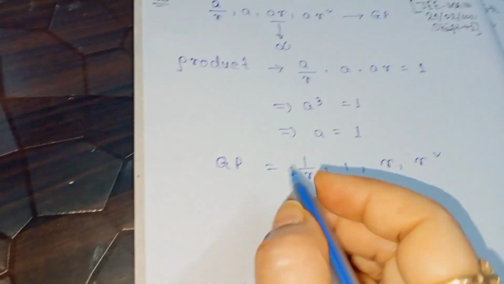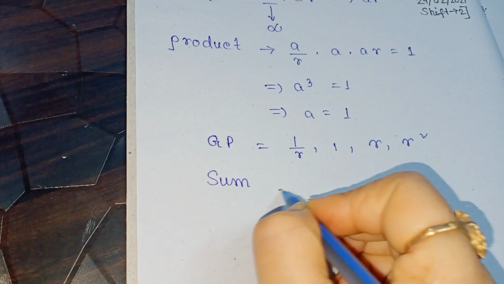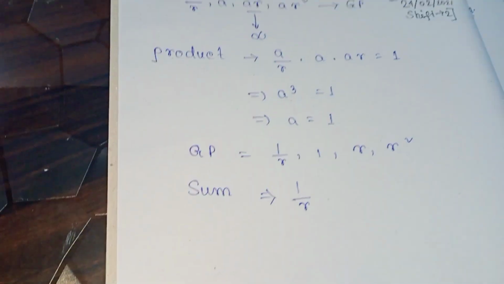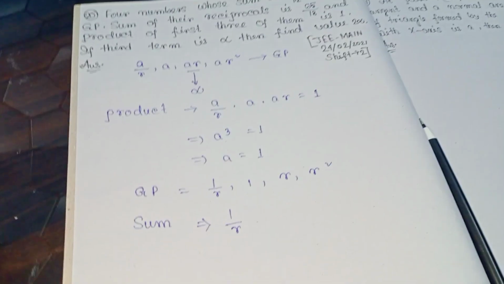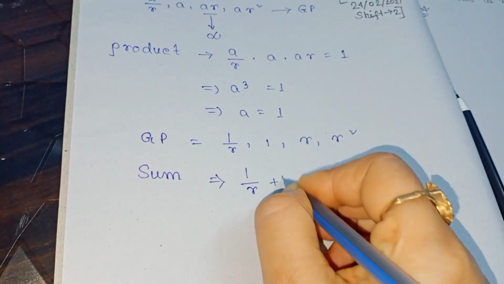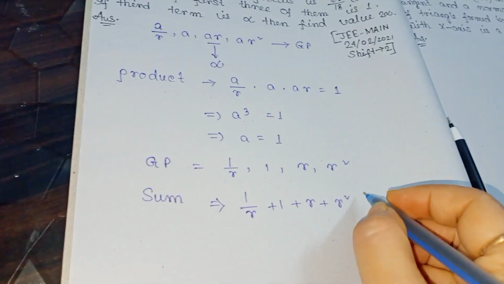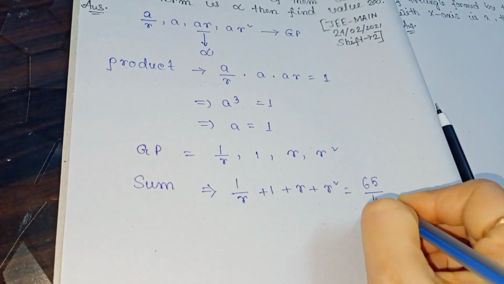So sum is equal to 1 by R plus 1 plus R plus R square is equal to 65 by 12.